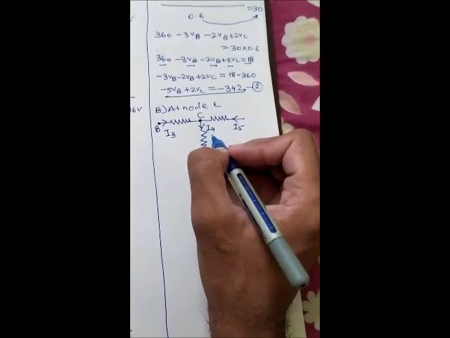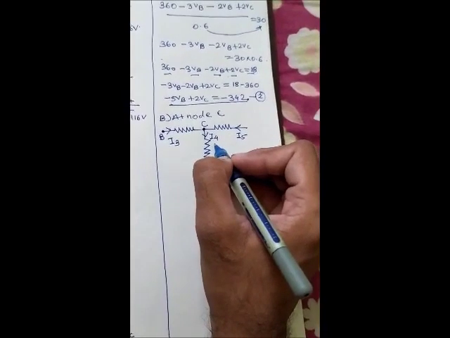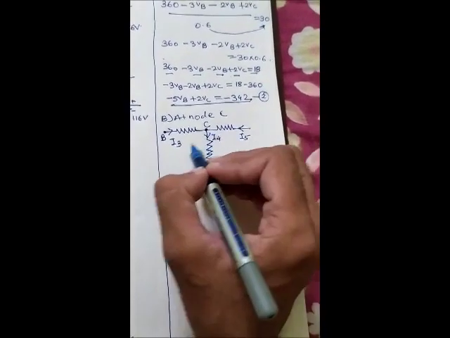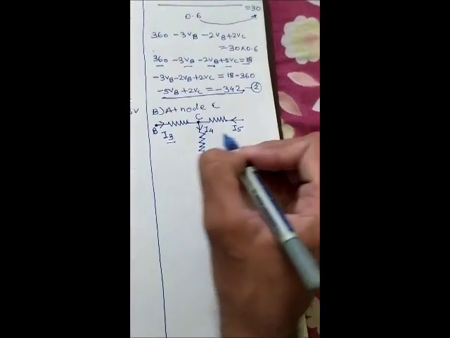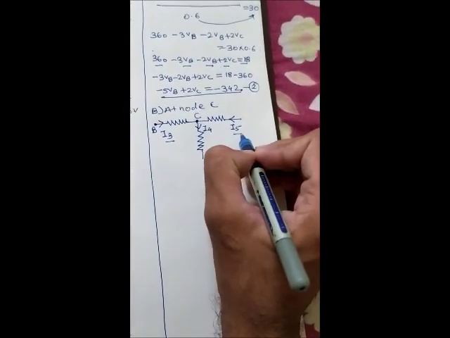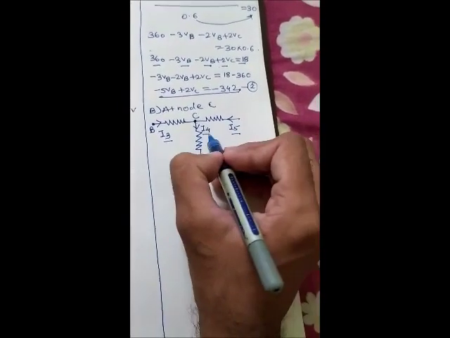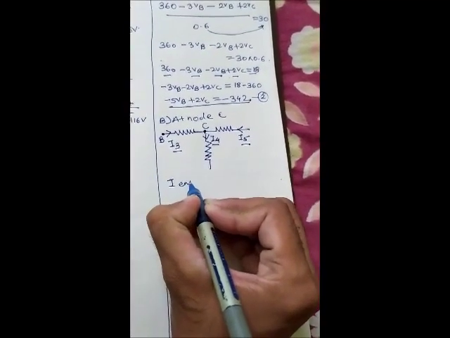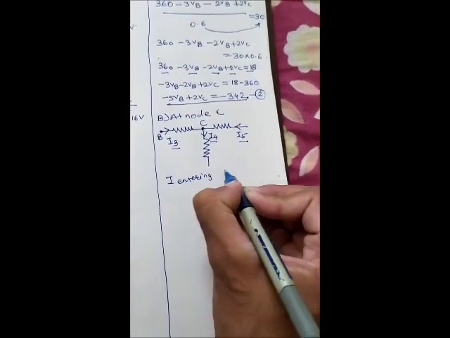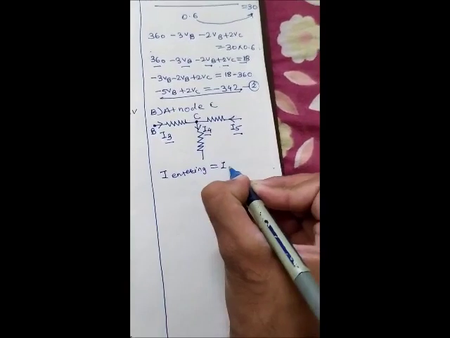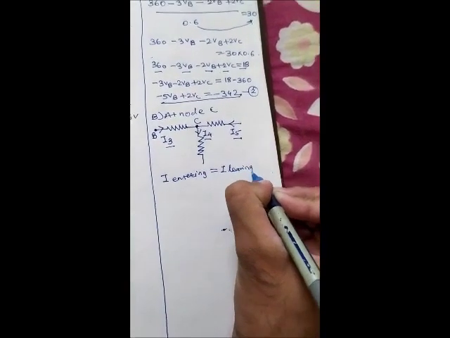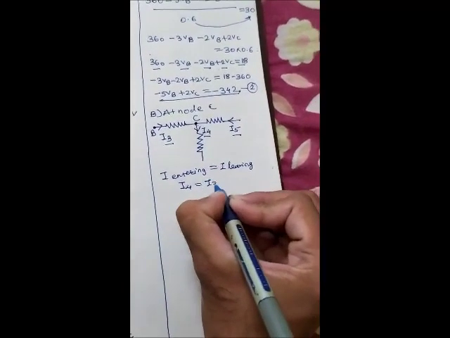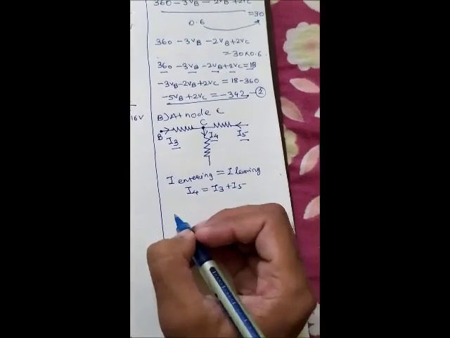Now you can see that at node point C, current is entering from I3 and I5, and current leaving is I4. So according to Kirchhoff's current law, I entering is equal to I leaving. So entering current is I3 plus I5 and leaving current is I4.